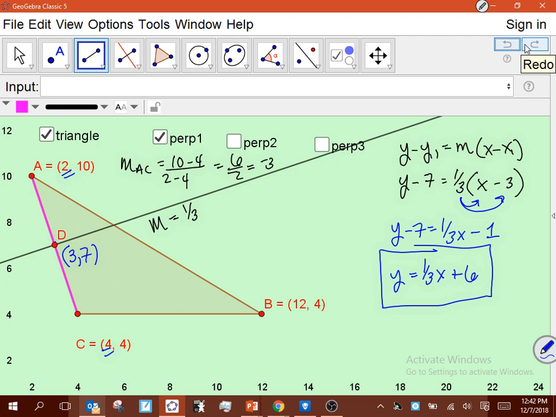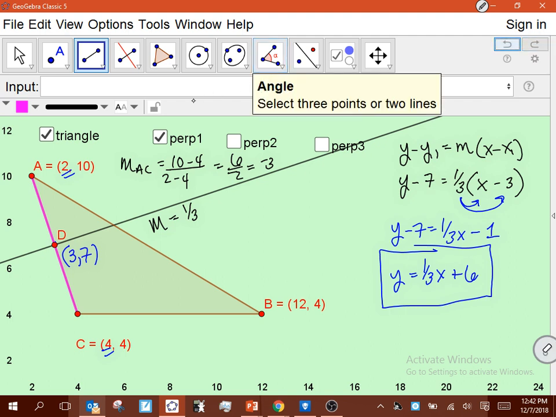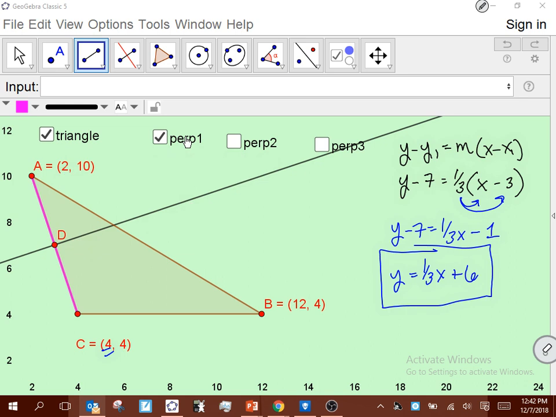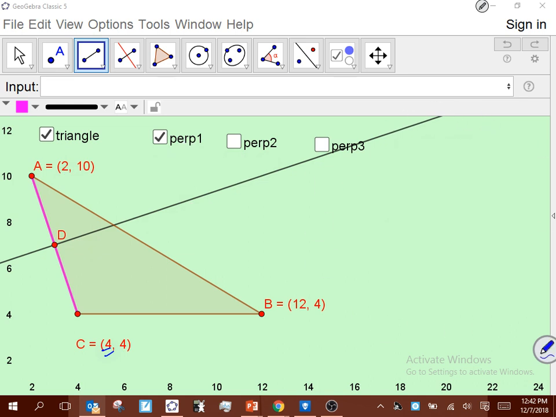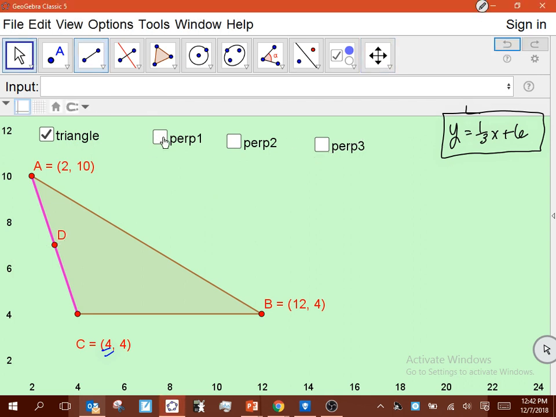Set that aside. I'm going to erase some information here. I'm going to set that equation to the side. y equals 1/3 x plus 6. Because that was just one perpendicular bisector, and I need 2 to find the intersection point. So I'm going to look at that one.